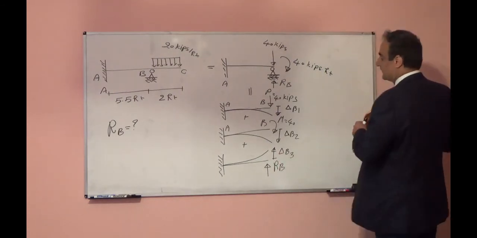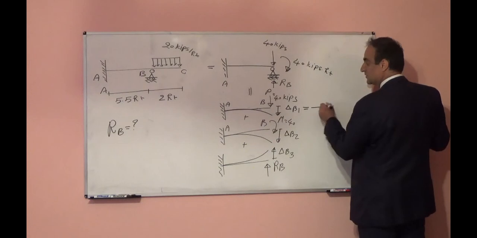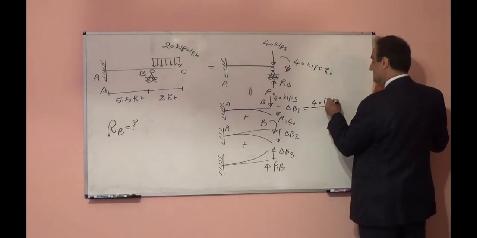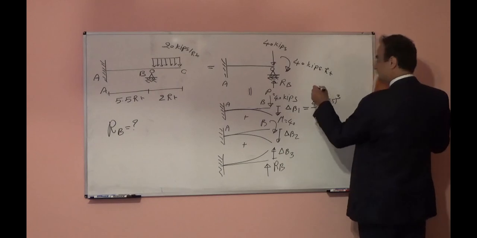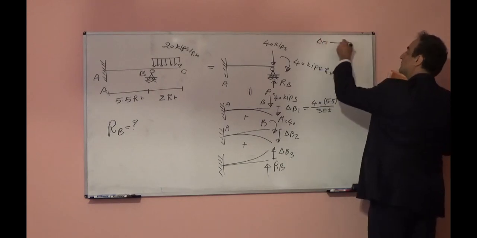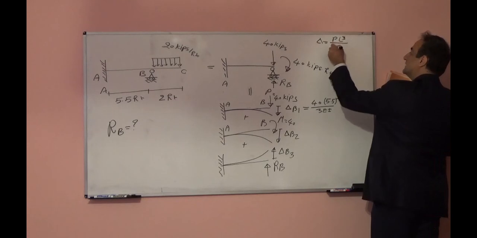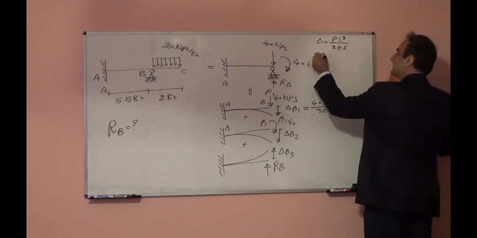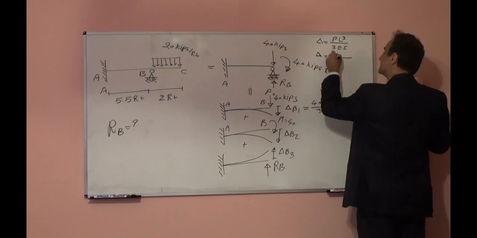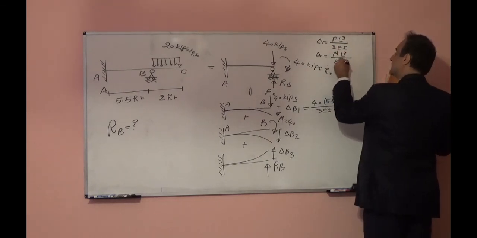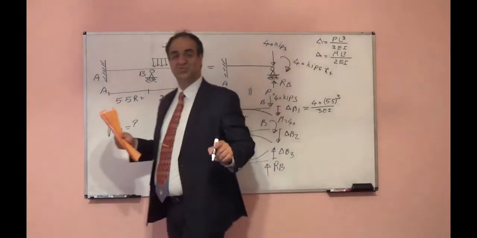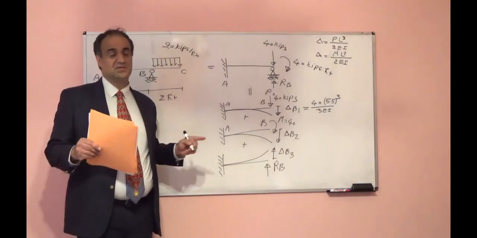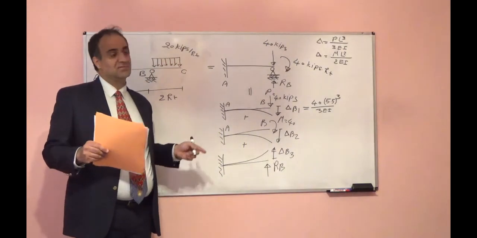What is this delta B1? Delta B1 will be load 40 times the length of that span, 5.5 cubed, over 3EI. Because the formula for a load P is PL cubed over 3EI for cantilever beam deflection. For a concentrated moment, it is ML squared over 2EI. If you cannot remember, you can prove it. It is easy to prove using the virtual work method, conjugate beam method, moment area method, or any other method.